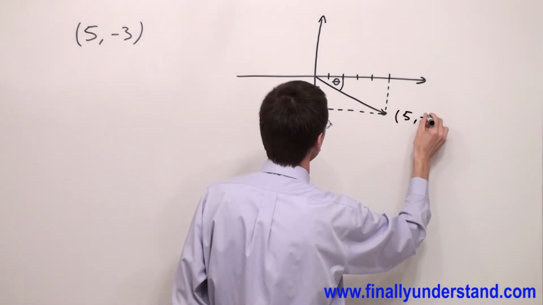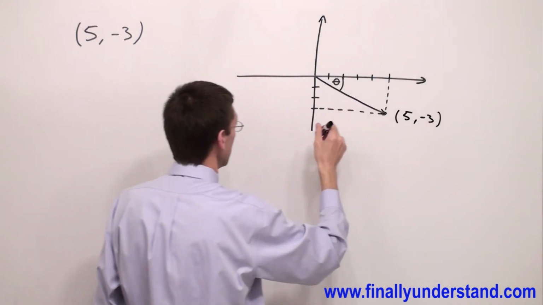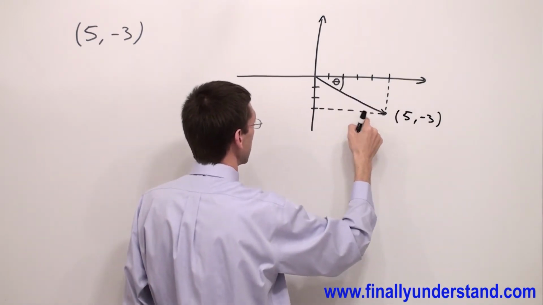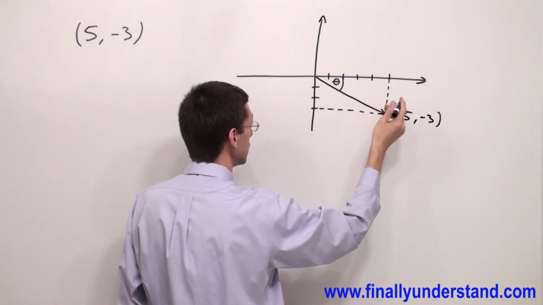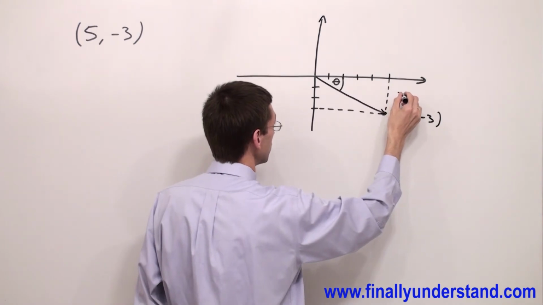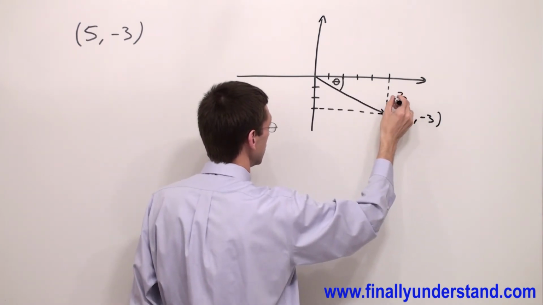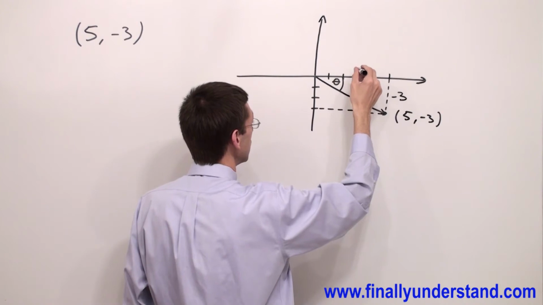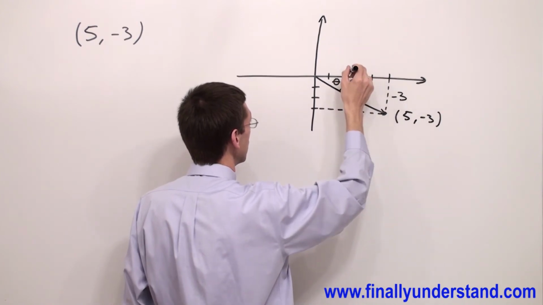5, -3. So it means that my opposite side is equal to 3, you can say -3, and the adjacent is equal to 5.